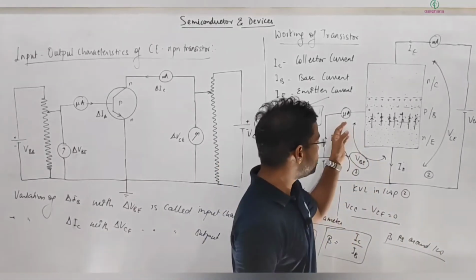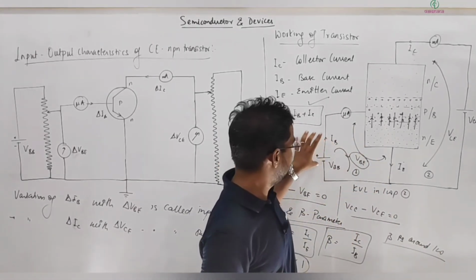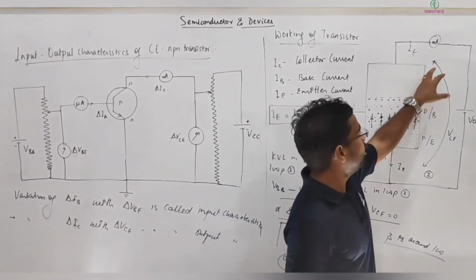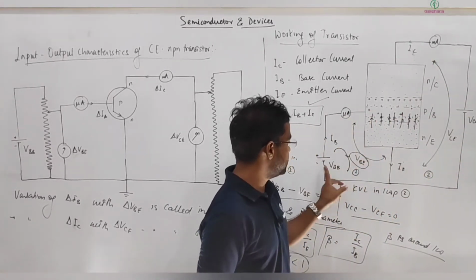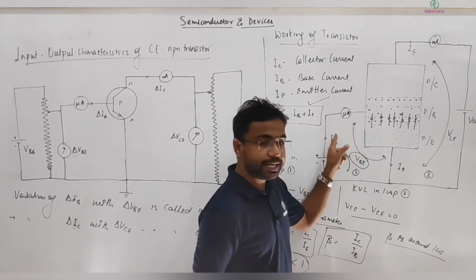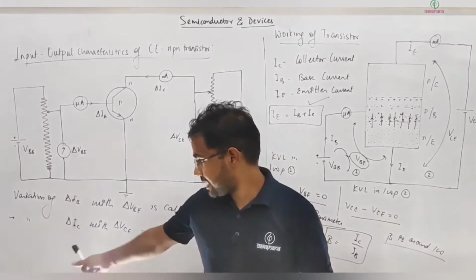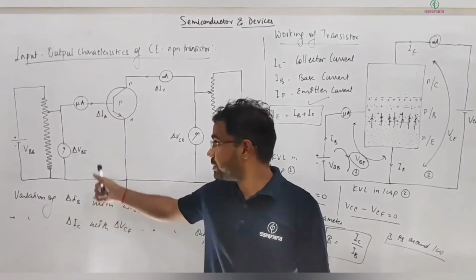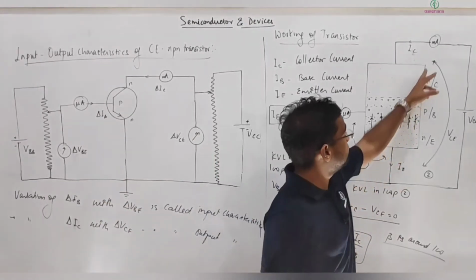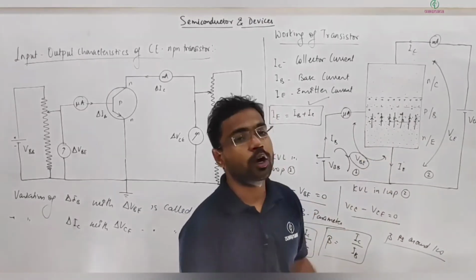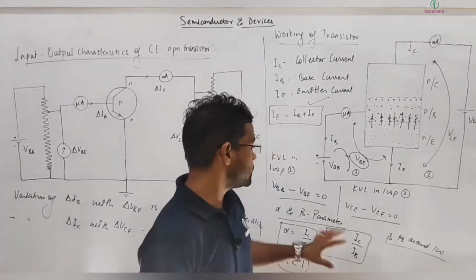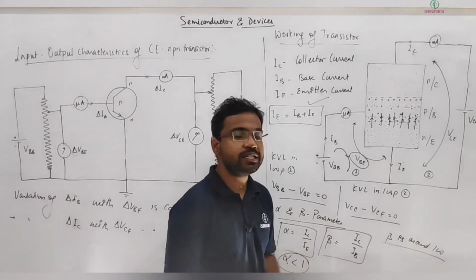Normally input is given on this side, in the base-emitter junction, and output is taken toward this side. The variation of these parameters with the current is called input characteristics, which I'm going to discuss here. Similarly, IC versus VCE we call output characteristics.